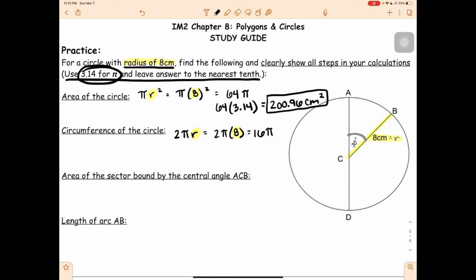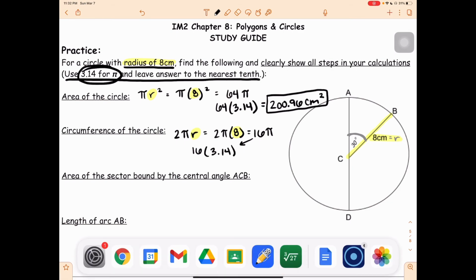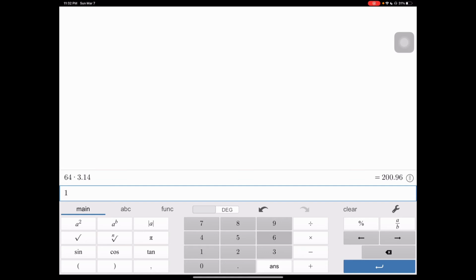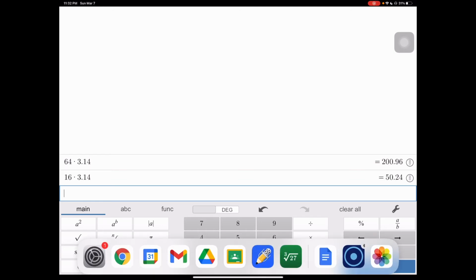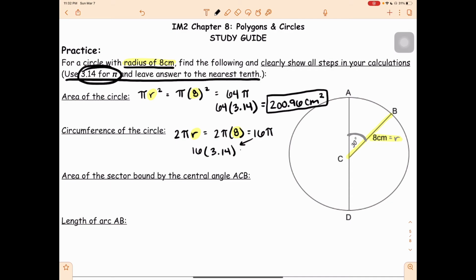So that is our circumference, but we want to use 3.14 for pi. So if we put this into the calculator, we have 16 times 3.14. We get approximately 50.24. If we were to round that to the nearest tenth, it would just be 50.2. And here we have centimeters. And it's not squared because we are not finding the area there, it's just the length of something.